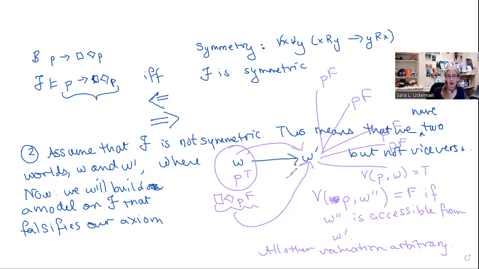And that means that possibly P will be false here, and necessarily possibly P will be false here, which is what we need in order to show that this non-symmetric frame doesn't validate the axiom. So this is a general model that you can use on top of any non-symmetric frame. There you've got your correspondence result.